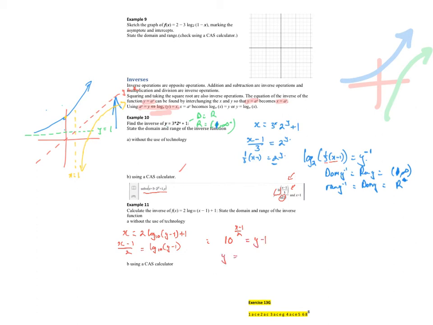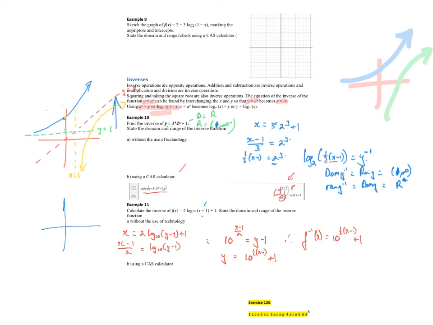So y is equal to 10 to the power of, I'll put a half out the front, of x minus 1, plus 1. Therefore f inverse of x is equal to 10 to the half x minus 1, plus 1.